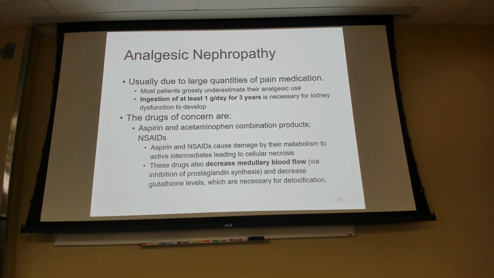Analgesic nephropathy, much less common, okay? Much less common than it used to be because some of the aspirin, or excuse me, Tylenol analogs that are most likely to cause this are not available anymore. But ultimately, you guys remember the NSAID renal blood flow thing, right? The NSAIDs work on the prostaglandins.